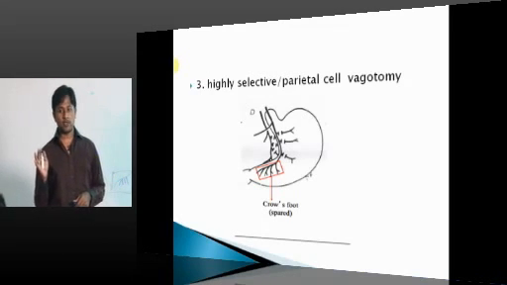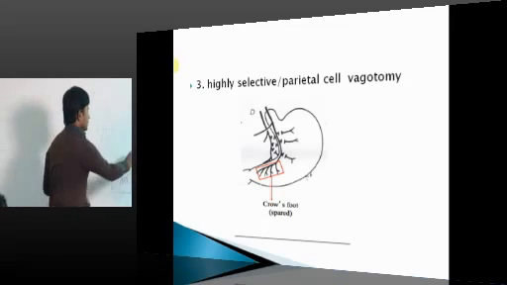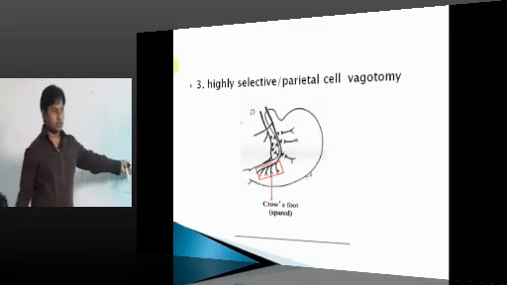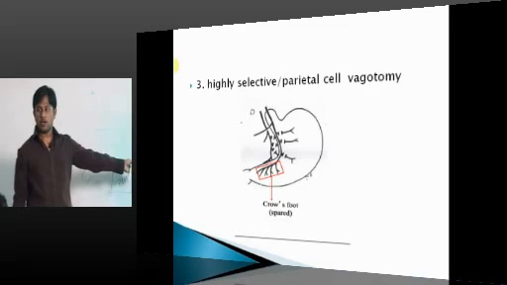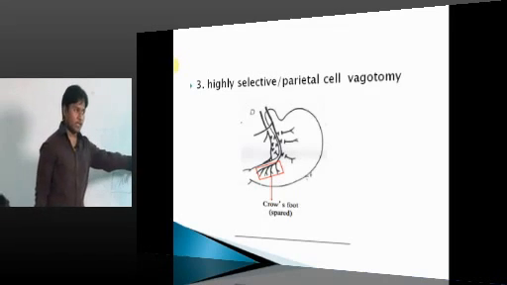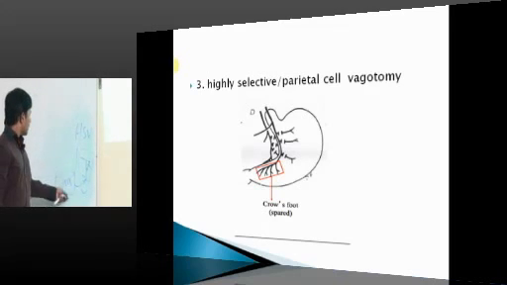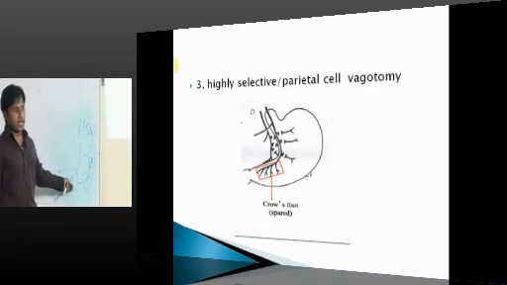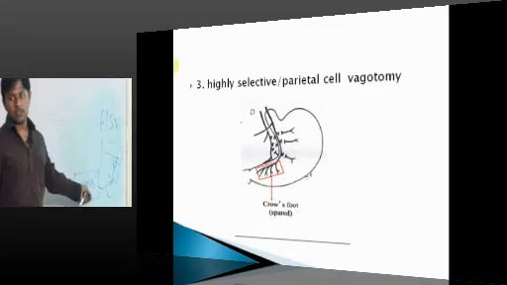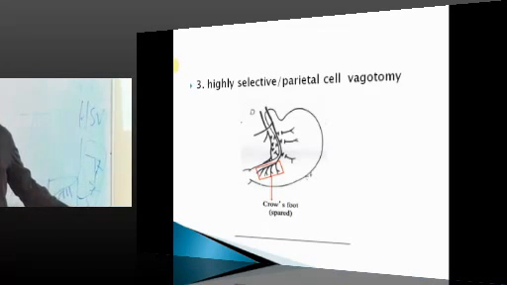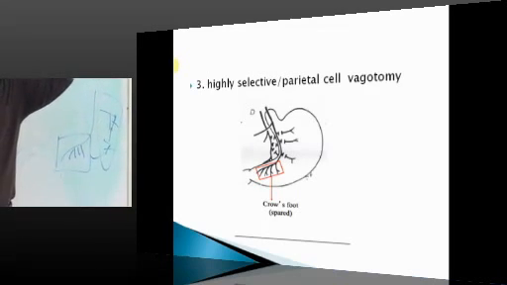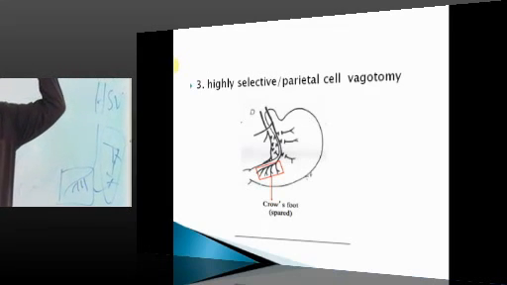In which part of the stomach? Body. So you have to definitely remove these layers. In order to avoid recurrences, you have to definitely remove these parietal cells, the vagus supplying the parietal cells. And parietal cells are not present in the antrum, so you can leave this. So the relation comes there. That is why we were talking there.